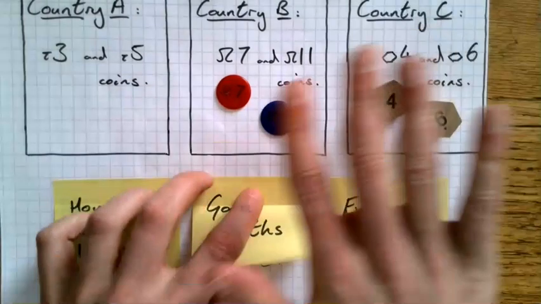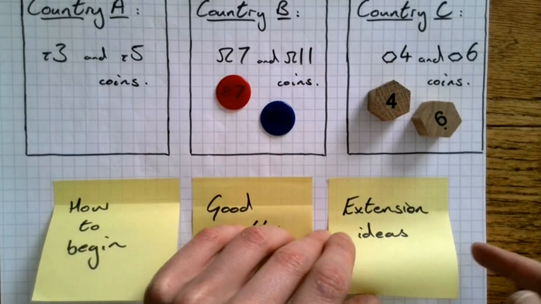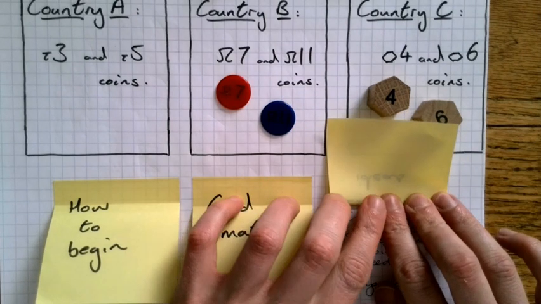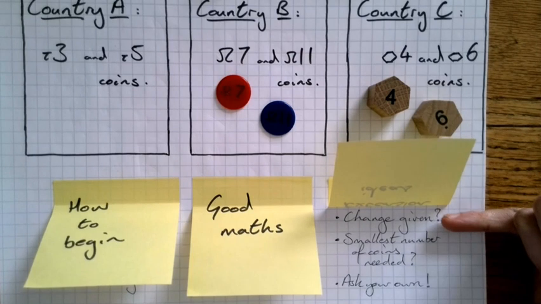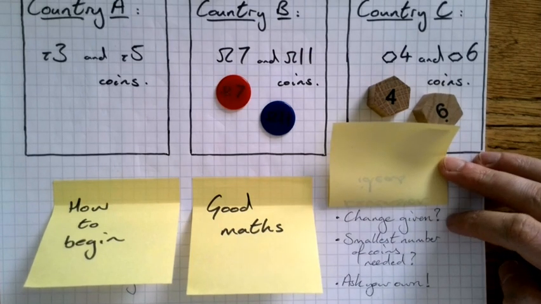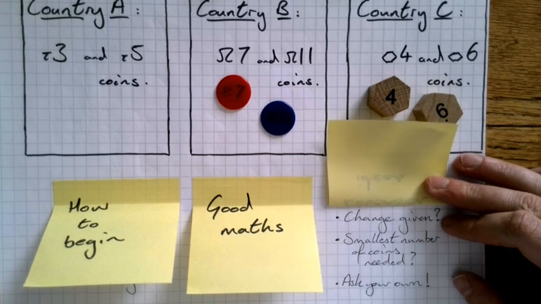If you do all this and are still interested and still want to do some more, then maybe you want to ask yourself some other questions. What if I didn't need to give exact change and the shopkeep could give me some change back? How many other numbers could we get if that was allowed?